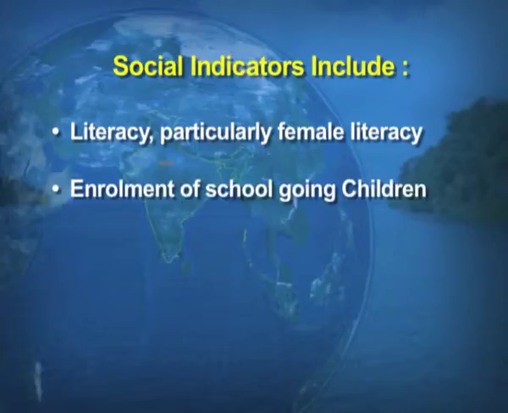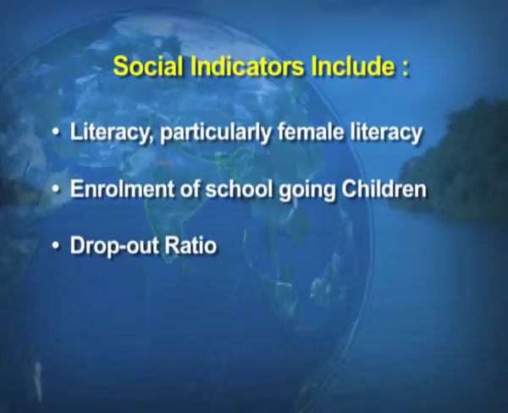Number 2, enrollment of school going children, because in our India, in our country, we always discuss the dropouts, because many children go to school, they seek admission, but then they drop out because of certain reasons, maybe the family background, maybe the economic crisis or certain other reasons resulting in the dropout of students. So, this dropout is also one of the social indicators.